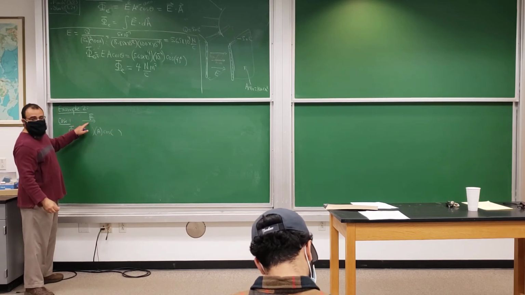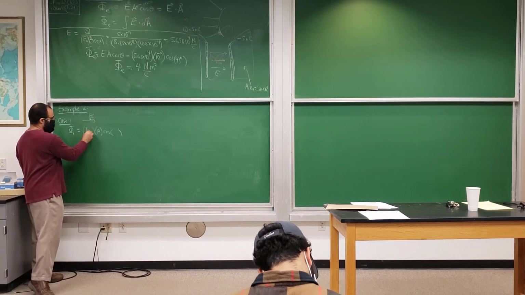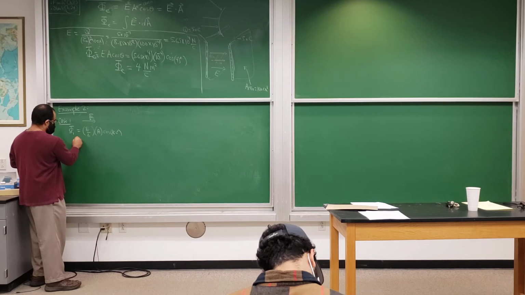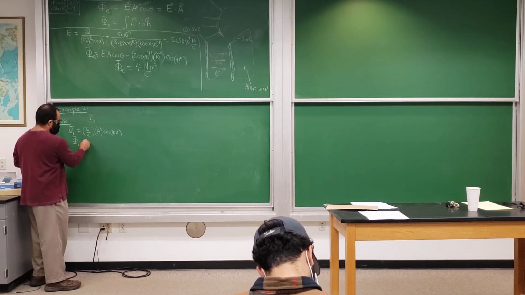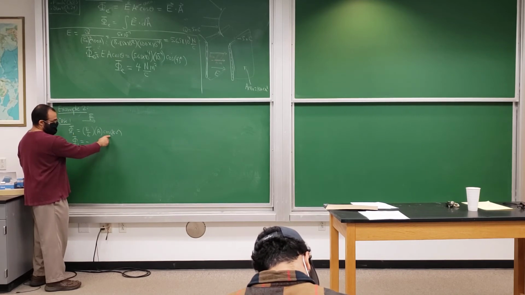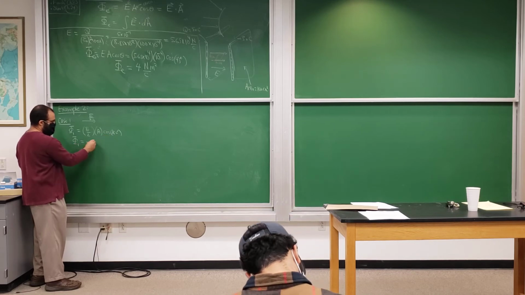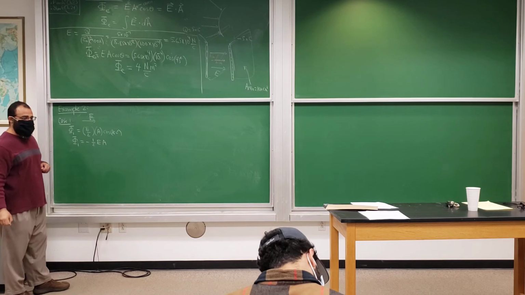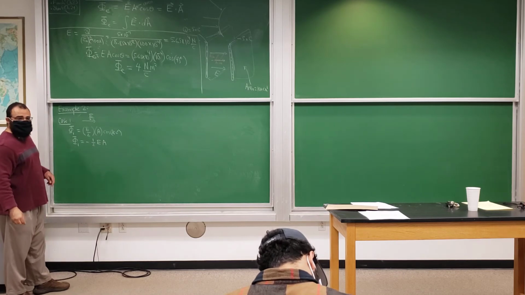The electric field is E over 2, the area is A, and then cosine of 180. So flux 1 will equal minus, cosine of 180 is negative 1, so minus 1/2 EA. And let's do case 2.